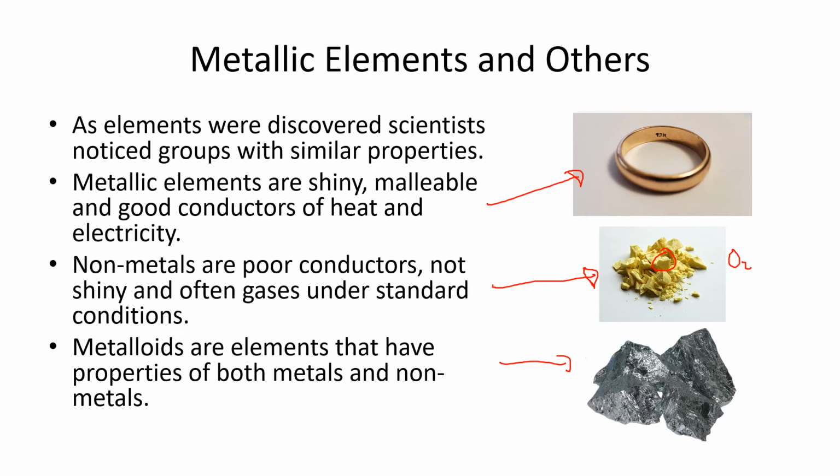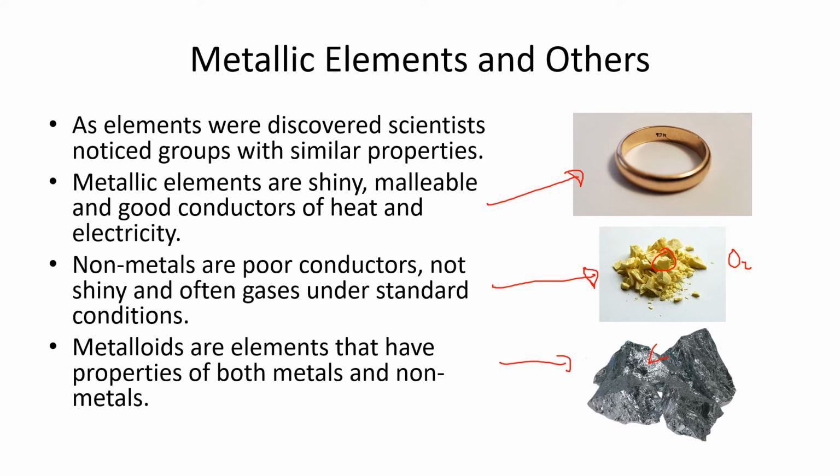So this here is silicon, and it's called a metalloid because it can conduct electricity if it's the right temperature. You can see it's a bit shiny. But also, if you hit this with a hammer, it's not going to dent like a metal would. It'll shatter, it'll break into bits like the sulfur above. So it has some characteristics of metals, but not all.